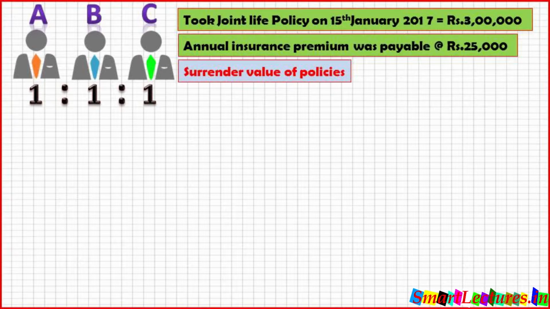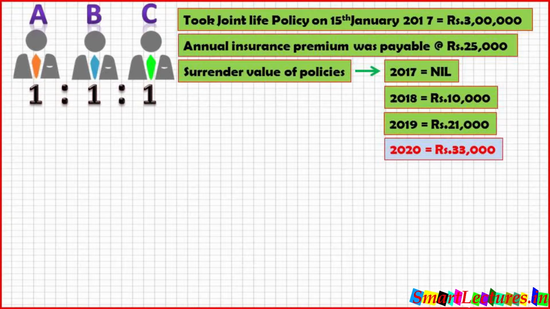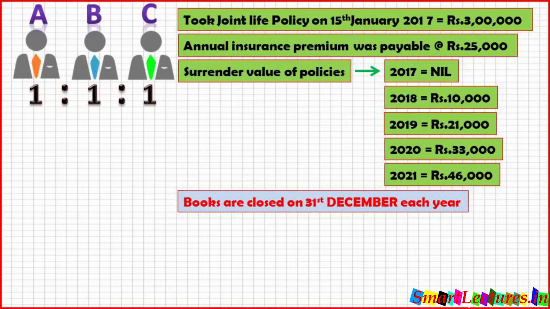These were the surrender values of the joint life policy: 2017 nil, 2018 10,000, 2019 21,000, 2020 33,000, 2021 46,000. These were the surrender values calculated on the day of closing. You know, surrender values are always calculated for the closing dates, not other dates. And this firm closes its books on 31st December each year.